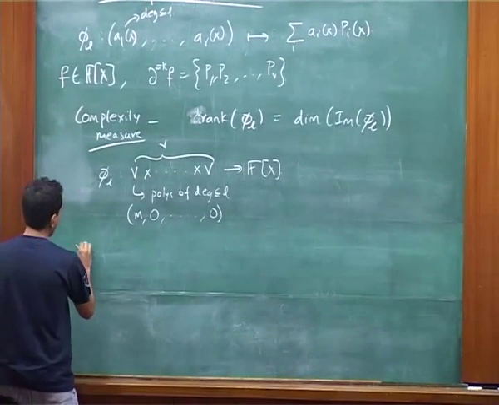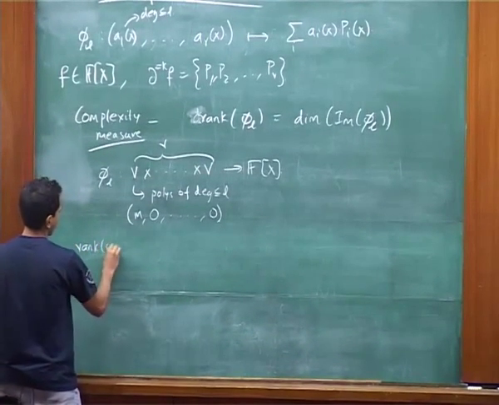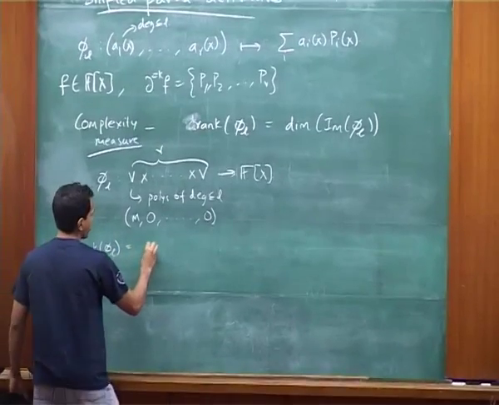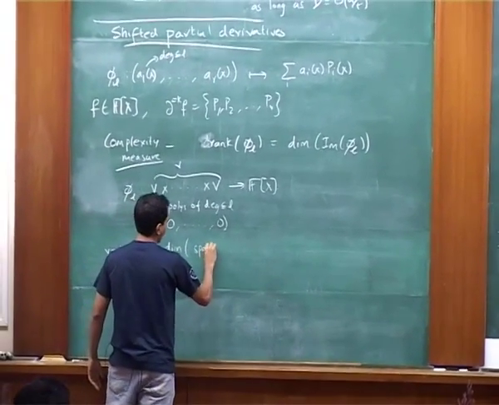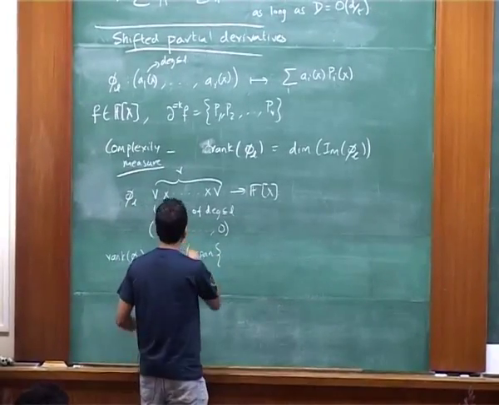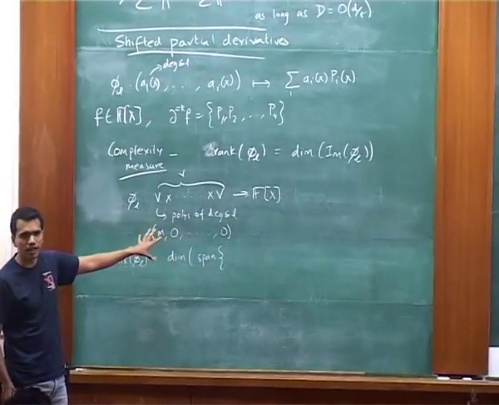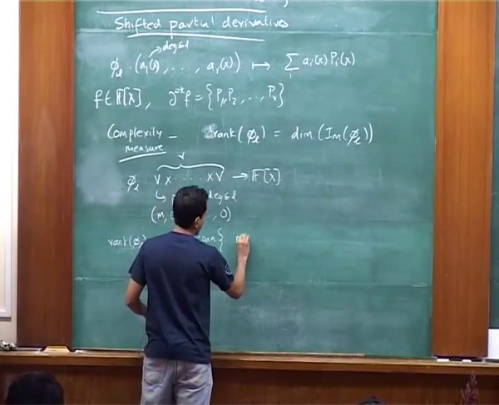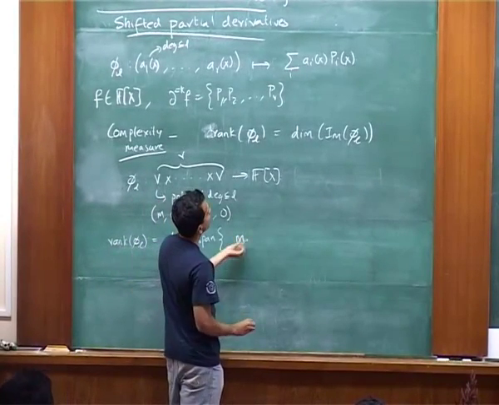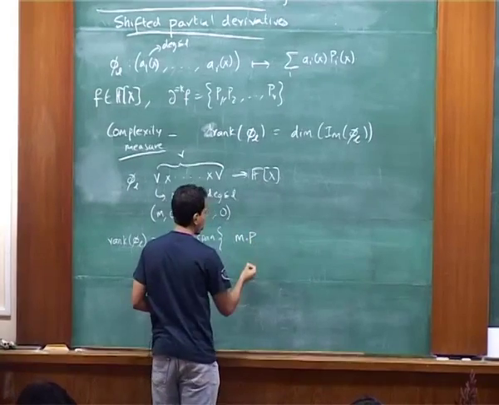Now the rank of phi L is going to be essentially the dimension of the span of what phi L does on all these basis vectors. What does it do on this particular basis vector, for example? It outputs m times the polynomial p1.